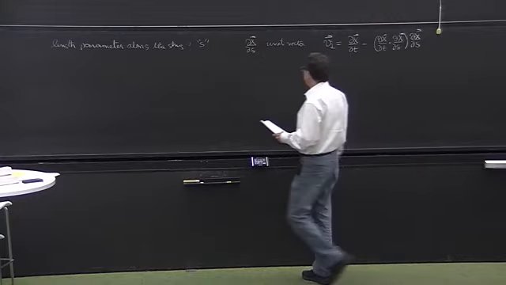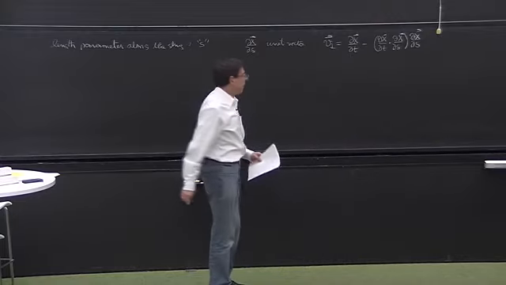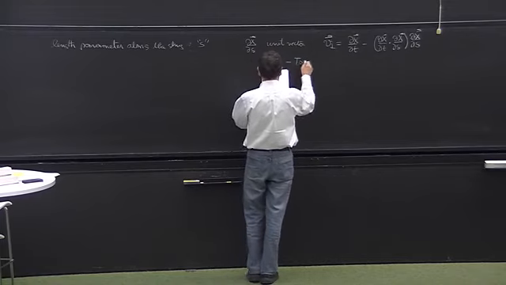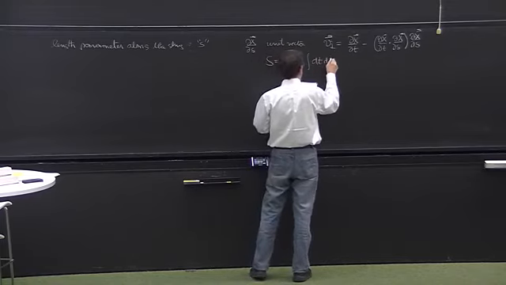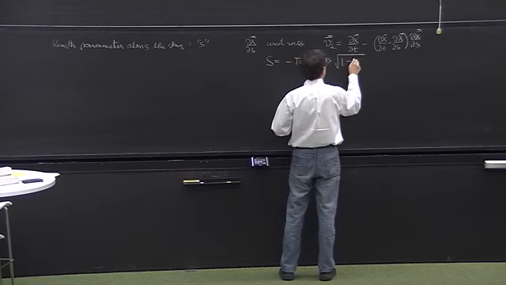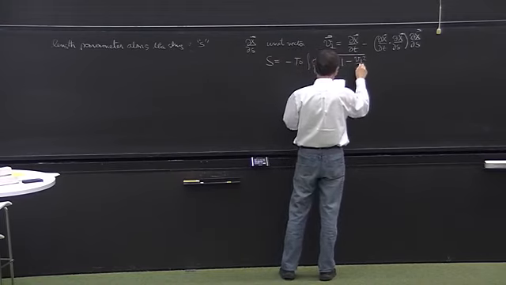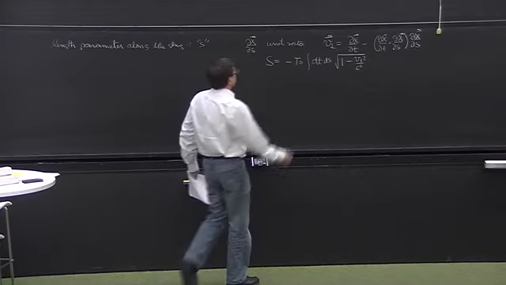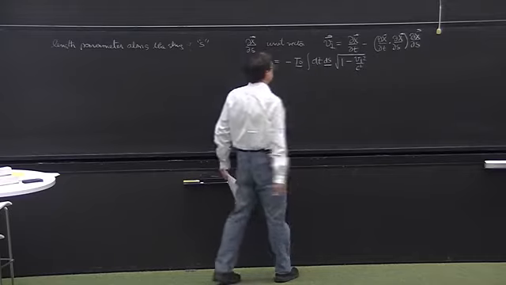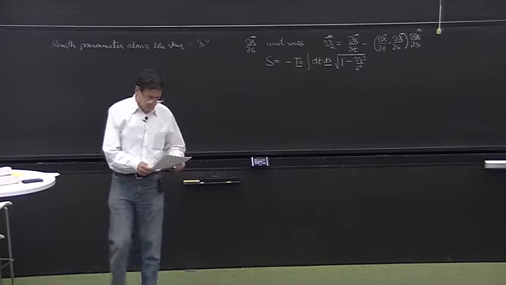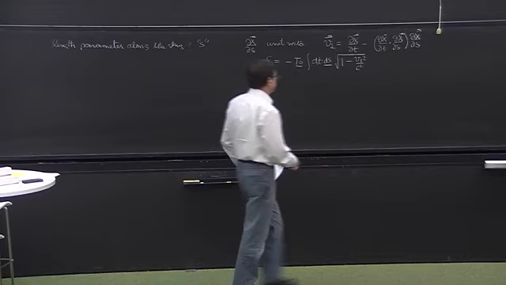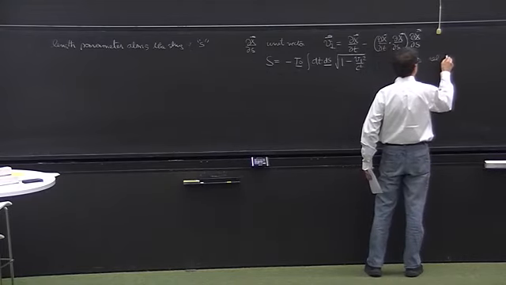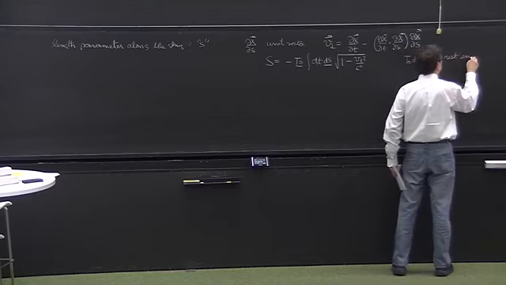In terms of that transverse velocity, the action became minus T0 dt ds, you played with it yesterday, square root of 1 minus v perp squared over c squared. And T0 ds is the relativistic rest energy of a piece of string.